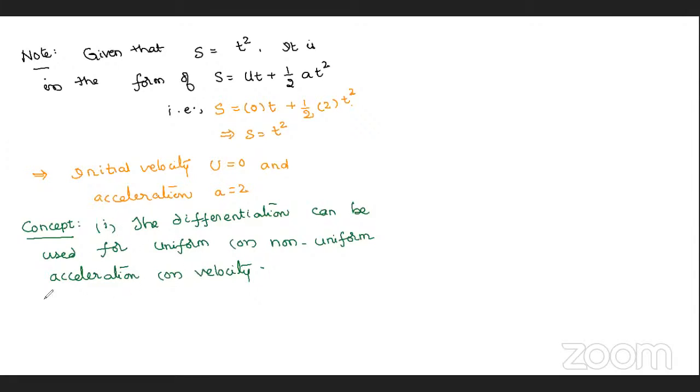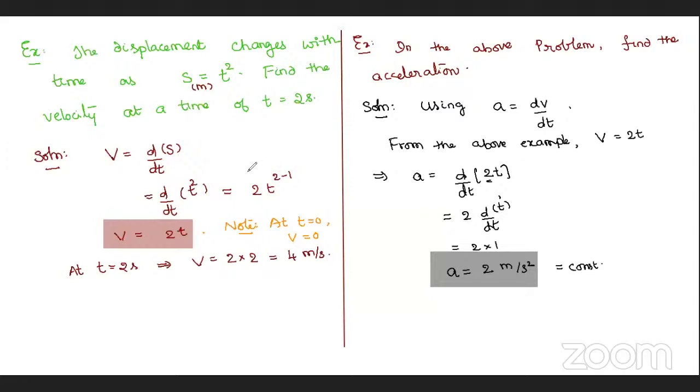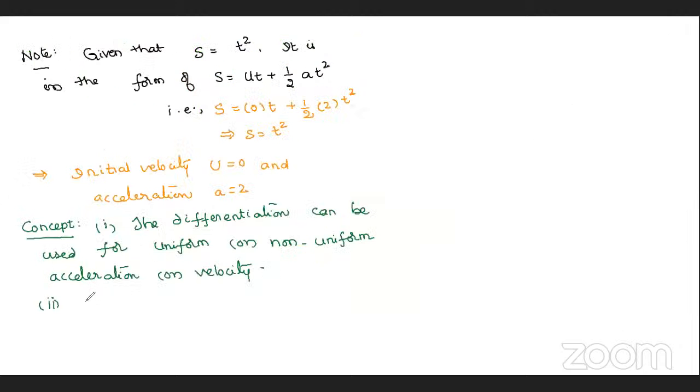Number two. Observe: a equals dv by dt. Keenly observe what I am going to write: a equals d by dt of v.